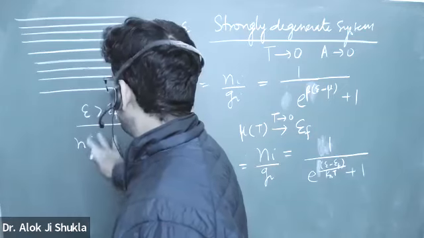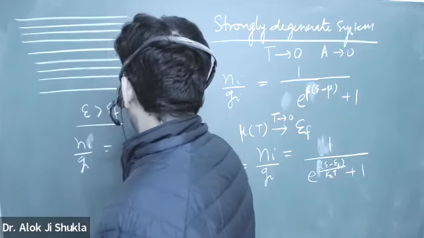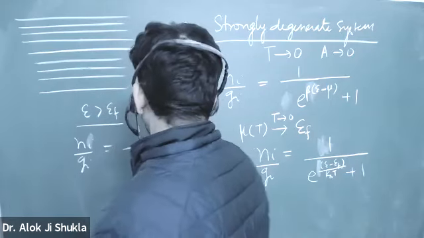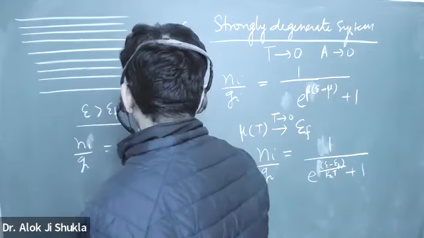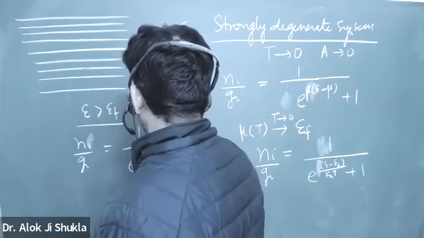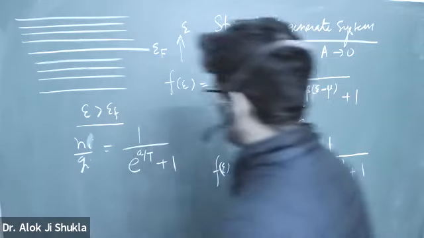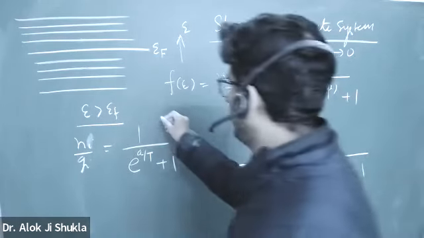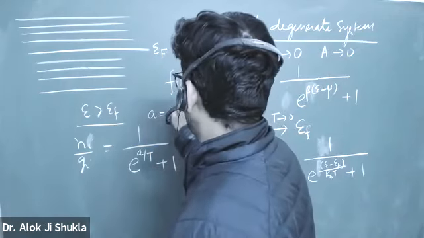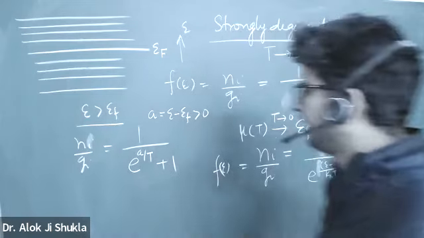Ni by Gi will become 1 upon e to the power some A by kBT plus 1. Is it okay? Where A is E minus EF and it will be positive. Can I say that?